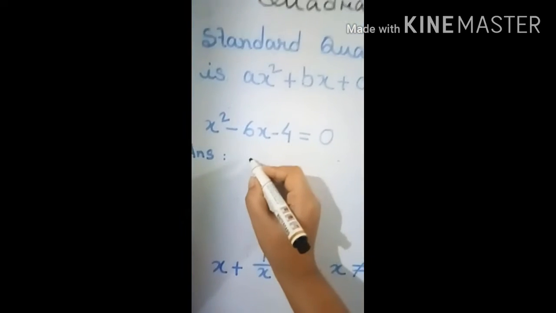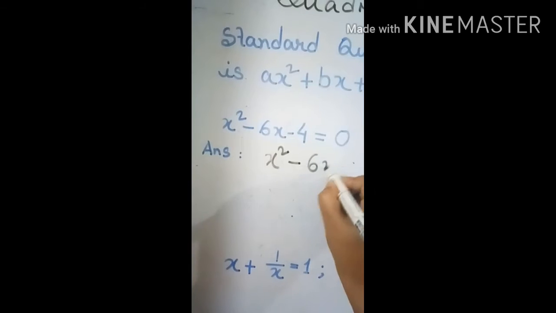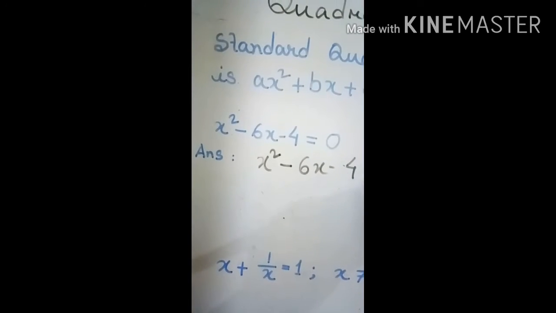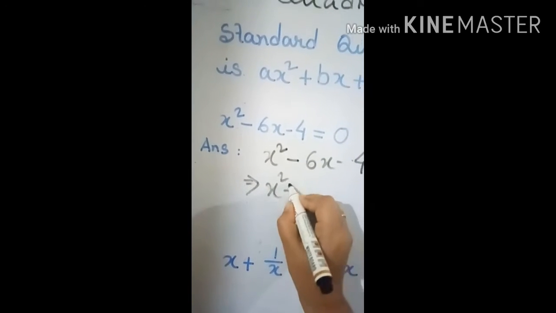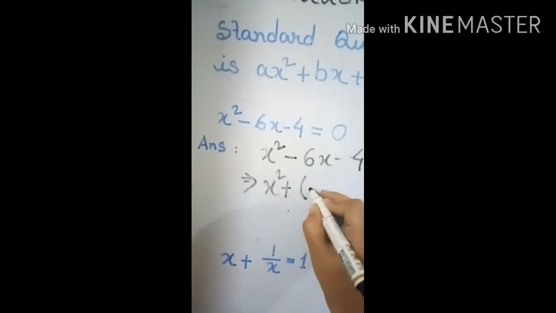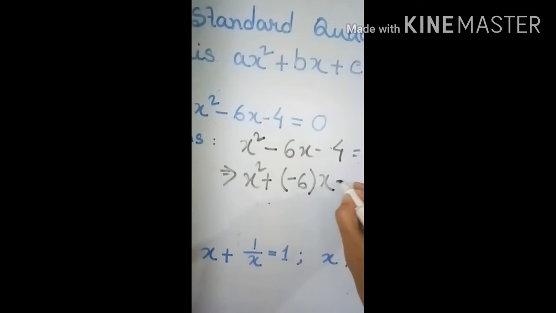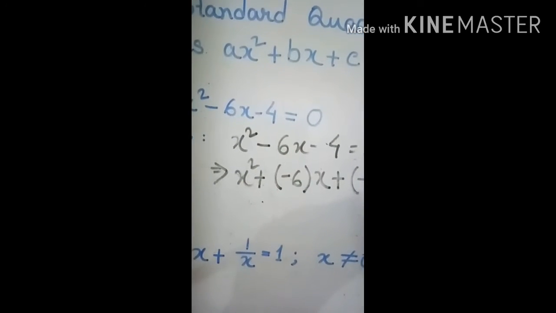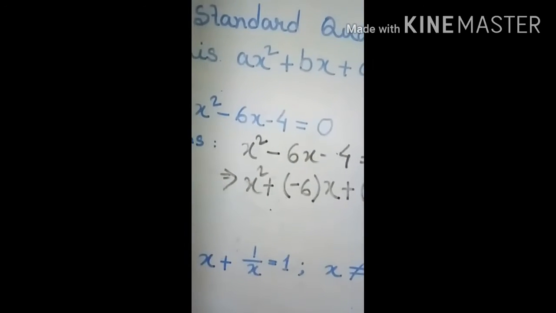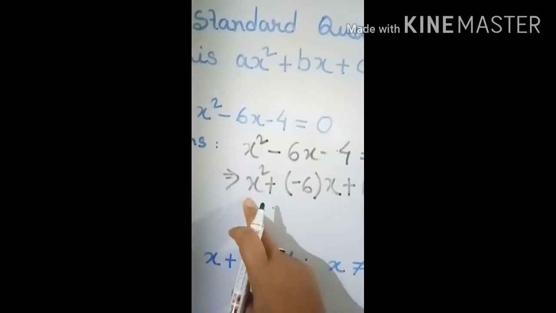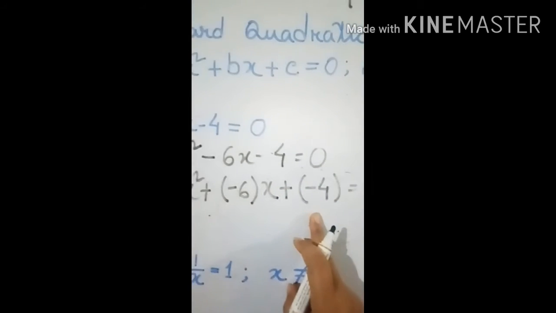So there we will write down again x square minus 6x minus 4 equal to 0. This can be written as x square plus, this minus sign I can take with 6 in a bracket, x, then plus minus 4 equal to 0. Now you compare both the equations, where a value is 1, b value is minus 6 and c value is minus 4.